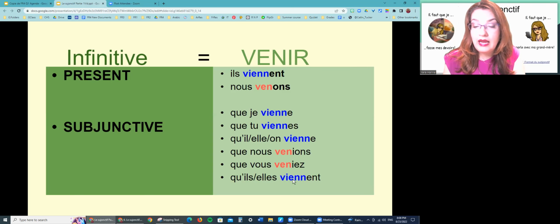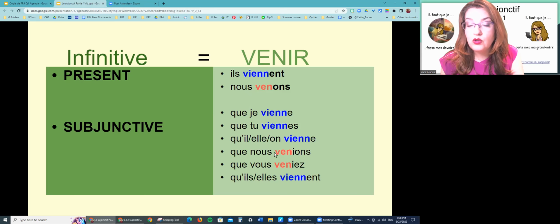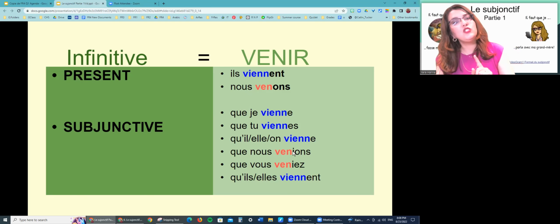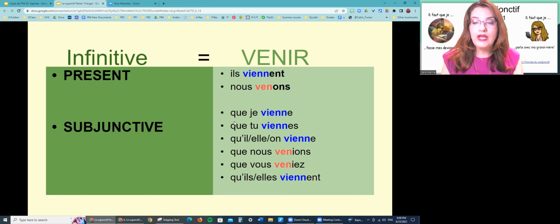The ils form of the present translates to je, tu, il, elle, on, and ils and elles, while the nous form venons is retained for nous and vous in the subjunctive. Que nous venions, que vous veniez. So it is stem changing.